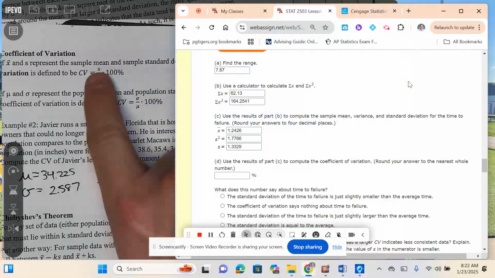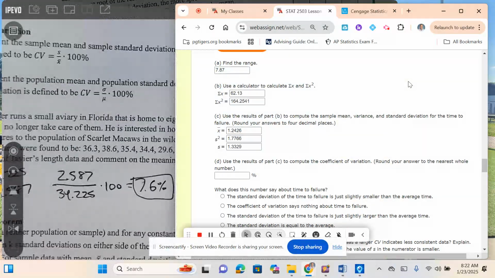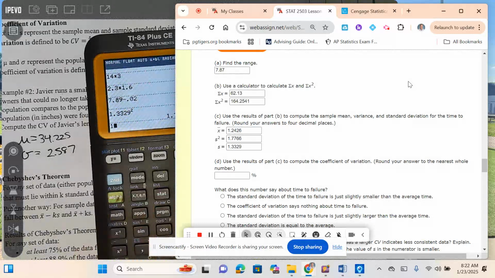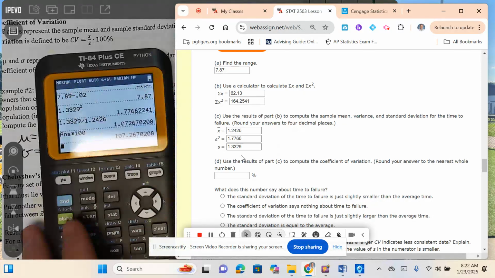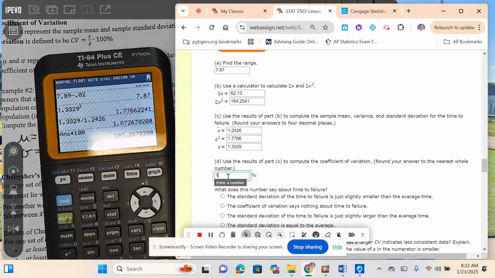They want you to use this one right here. So how do you find the coefficient of variation? You take your standard deviation, 1.3329, divided by the sample mean, 1.2426, and then times that by 100. So take your standard deviation, your S, divided by your X bar, and you times it by 100. And they want to the nearest whole number, so 107%.